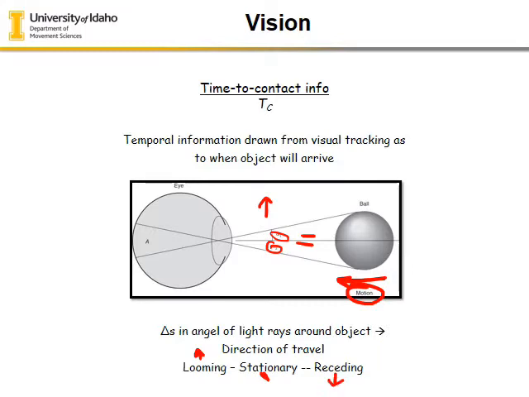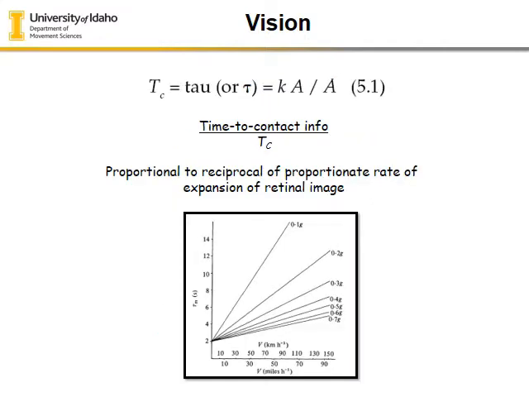Imagine this: if this ball is looming, or coming towards us, these angles, alpha 1 and alpha 2, will increase. So the angles will increase when it's looming, both of them, if it's coming straight at us. For a stationary object, there will be no change, so they will stay equal, the same angle.